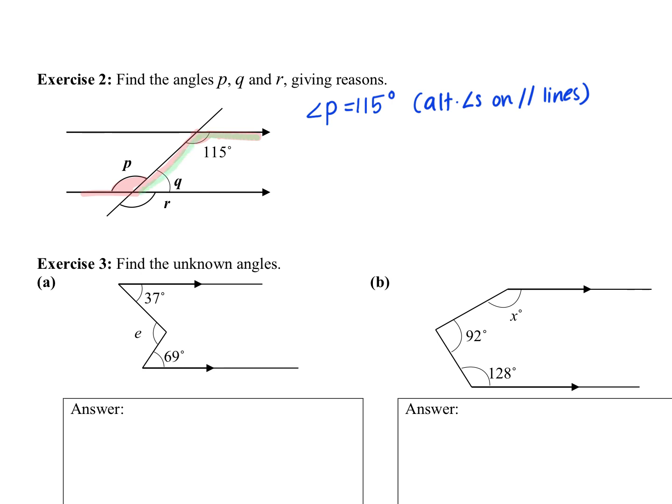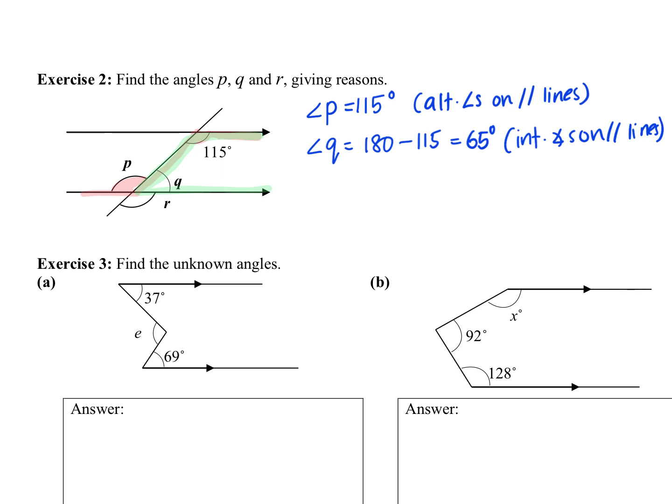But alternatively, we can also use the properties of a pair of parallel lines. So this too is a pair of interior angles. So angle Q will be equal to 180 minus 115 to give you 65 degrees, and the reason is interior angles on parallel lines. Right, we usually write the reason in brackets.